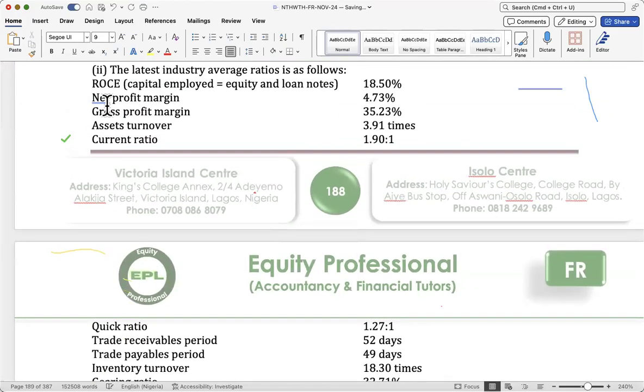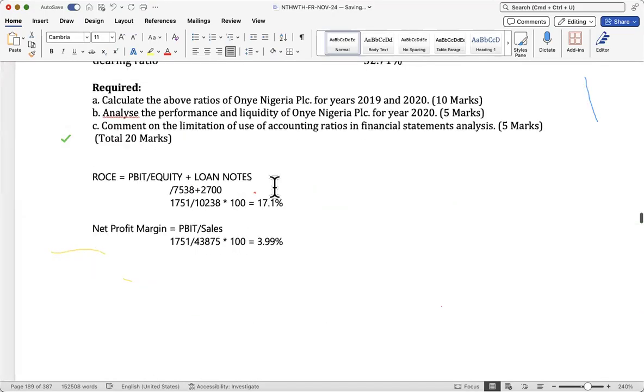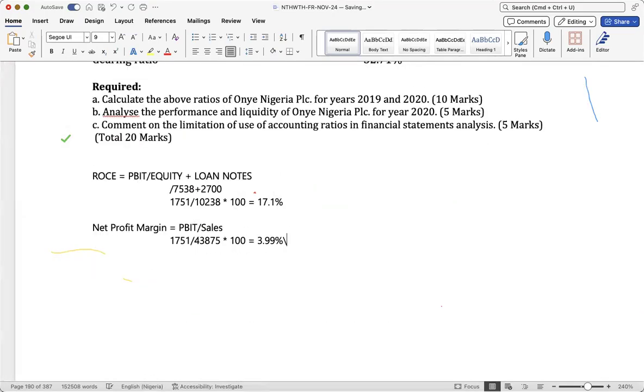Then I have my gross profit margin. Who can tell me the formula for gross profit margin? Gross profit over sales.